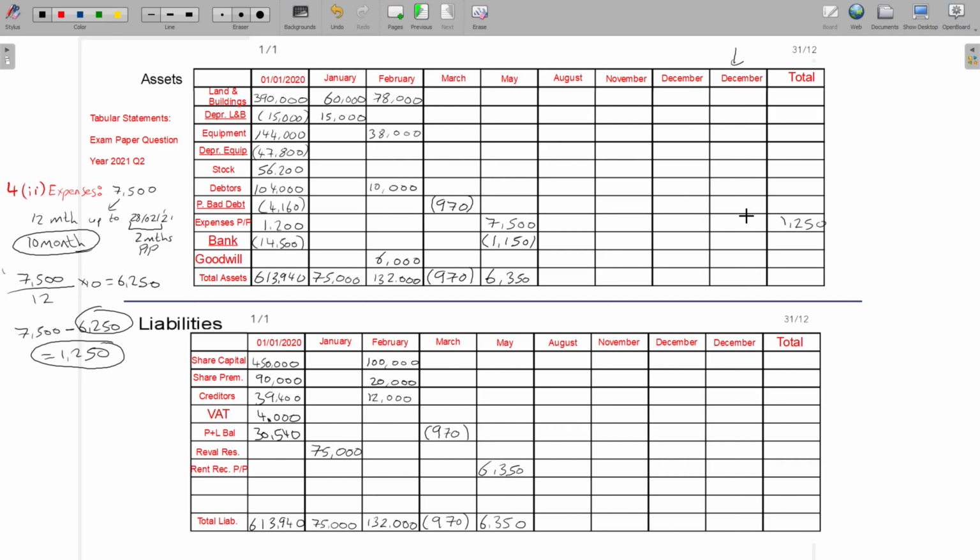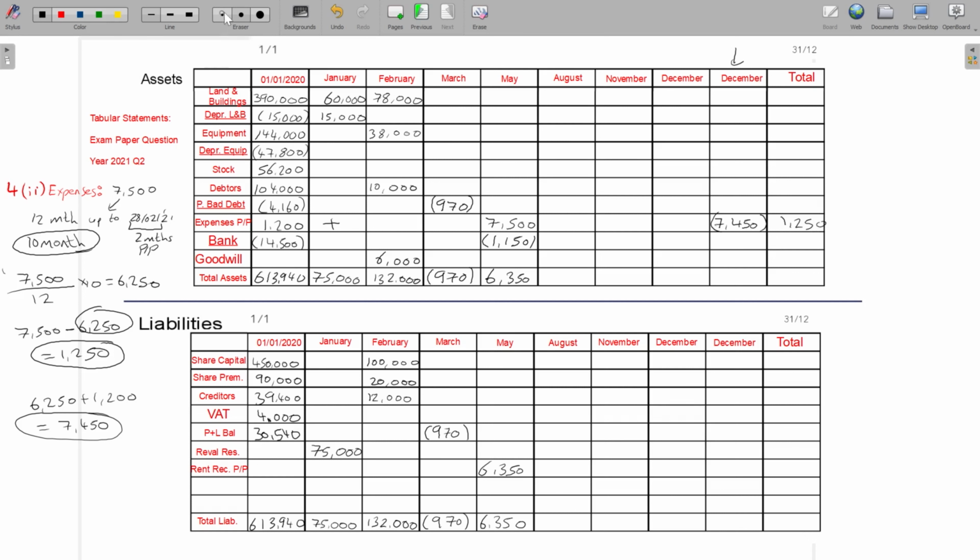So basically everything that's going to be used up during the year is 6,250 plus 1,250, plus 1,200, which is 7,450. So we're going to put 7,450 in here. And then once you add that plus this minus this, it will give me my 1,250.